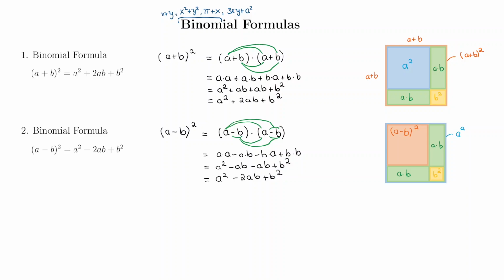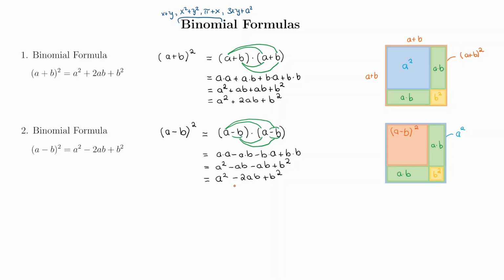What does this have to do with our binomial formula? Well, we see now A minus B squared. So this rectangle is the same as our whole A squared, which we have here. But then we have to subtract something.